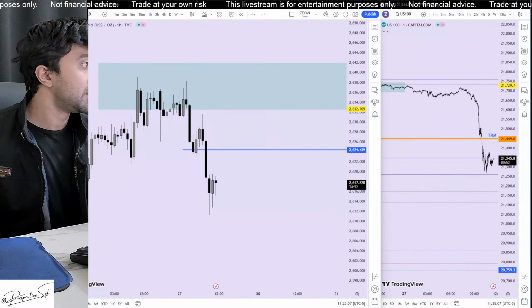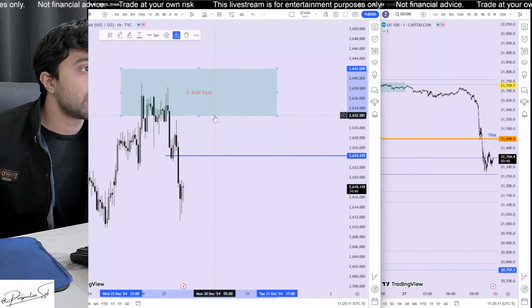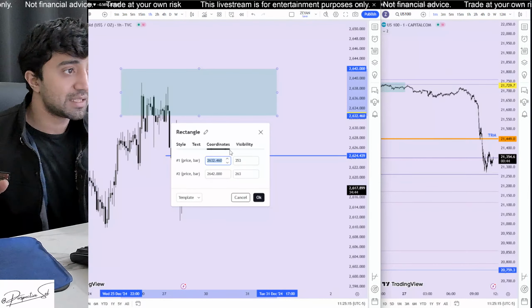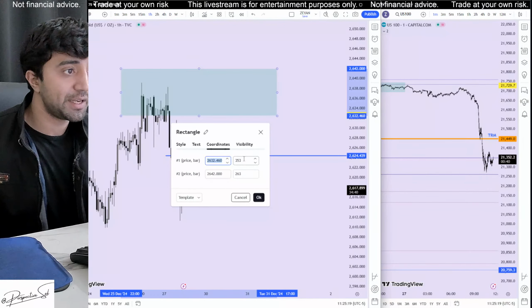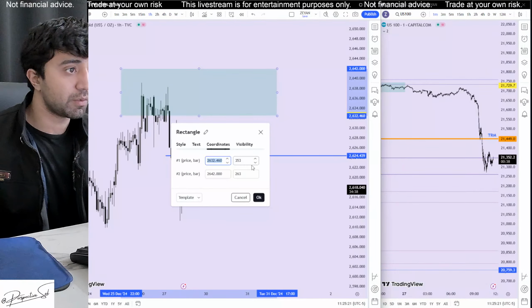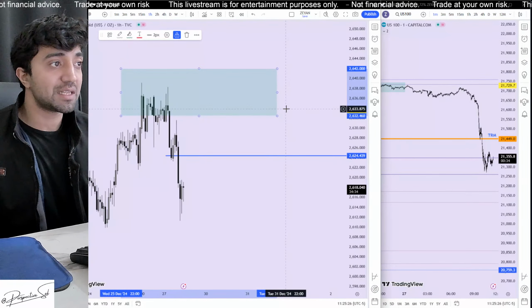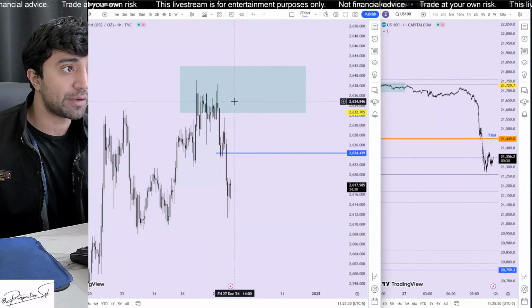Okay, brother. So generally speaking, if you are interested in trading gold, just take this as a reference point: if we are below 2632 to 2642, this should have been used as a support, but the price is rejecting from this point.